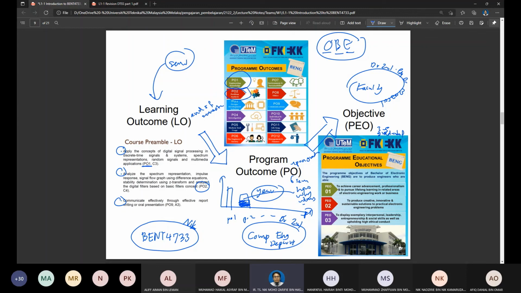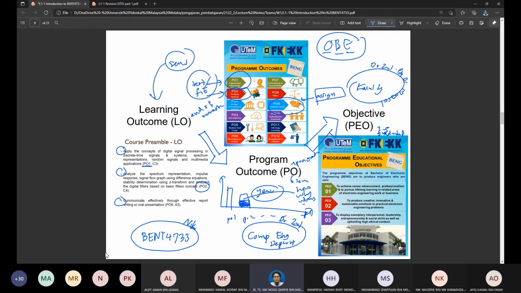Analysis. PO9? Communication. Communication is difficult to assess during the final exam, so that's the reason why we put it as an assignment here. While this one could be from test and final. This one is easy to assess, meaning we give questions and you all answer and perform.